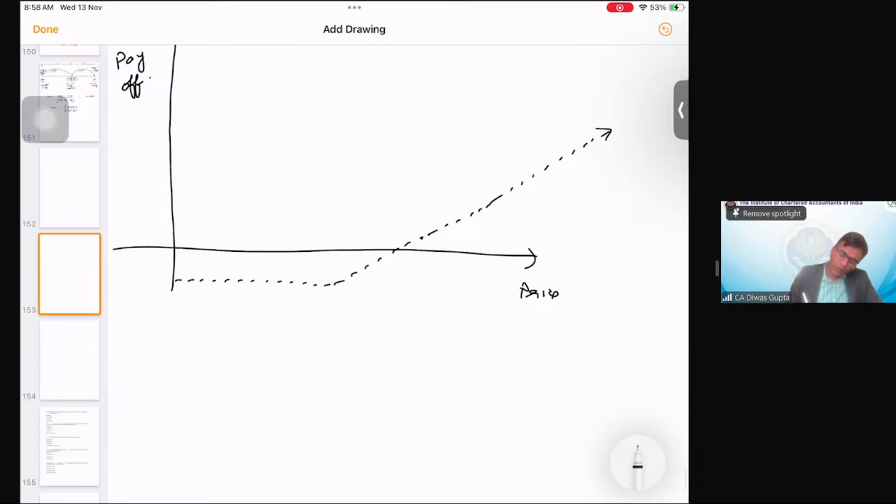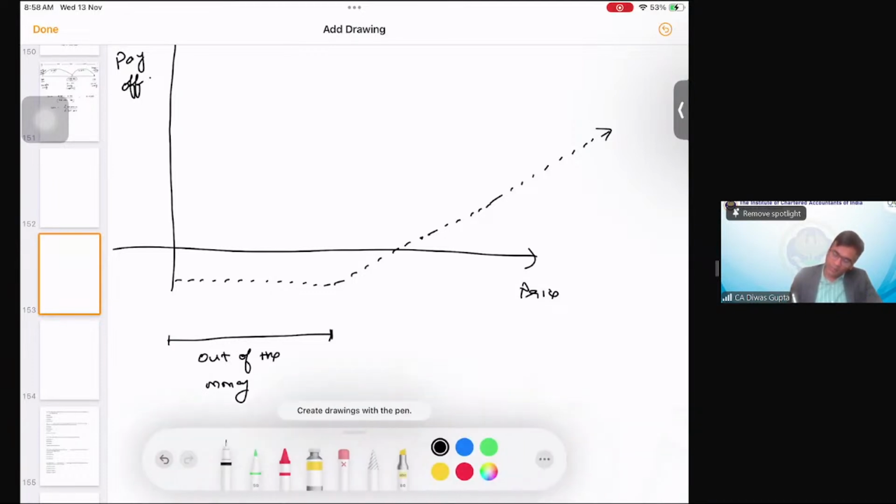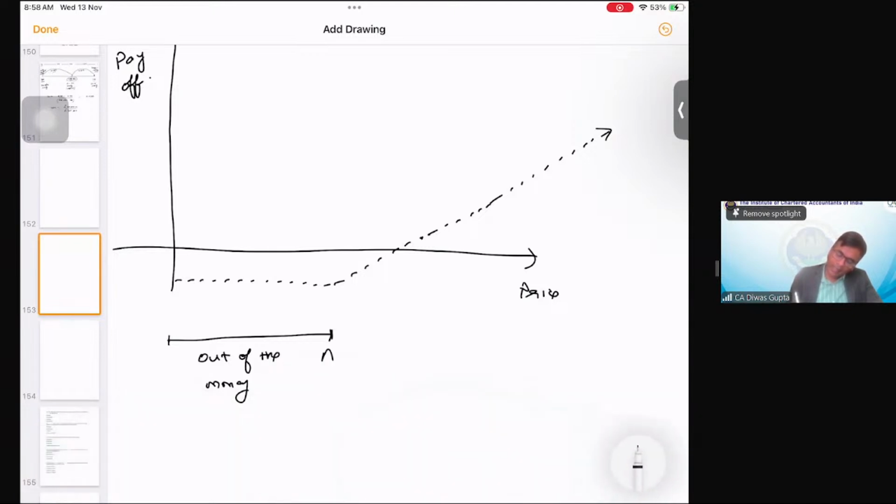So till here the option was out of the money. Exactly here it became at the money. Sorry, here. Yeah, so here it became at the money, and post this it started becoming in the money.